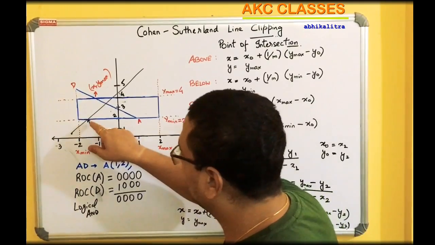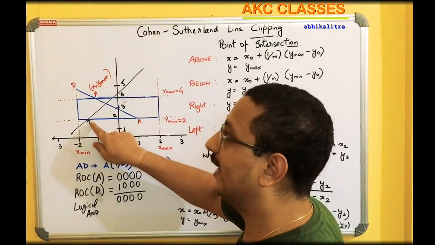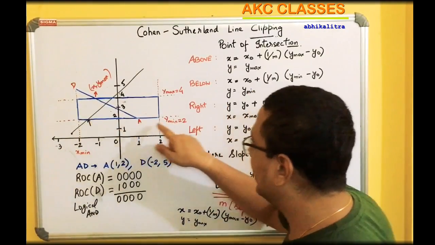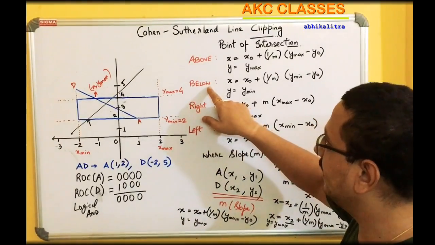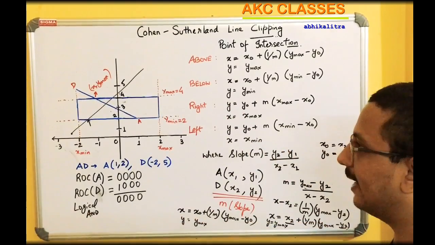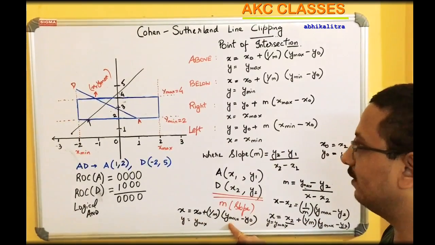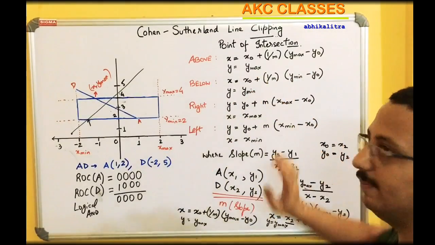The value of x is not known to me, but the value of y is known. That value is y min. So when it crosses y min below, we follow the same formula. In place of y max, we put y min.